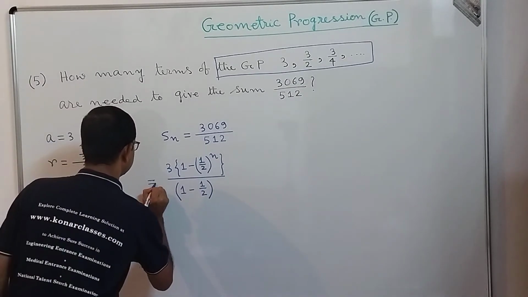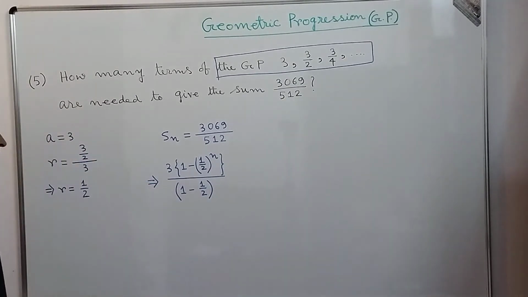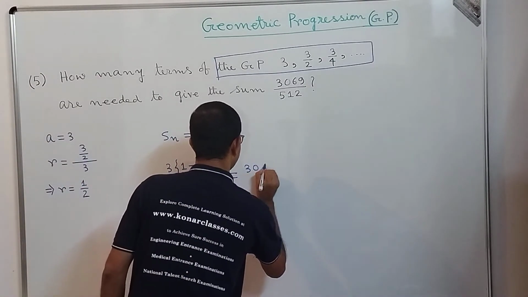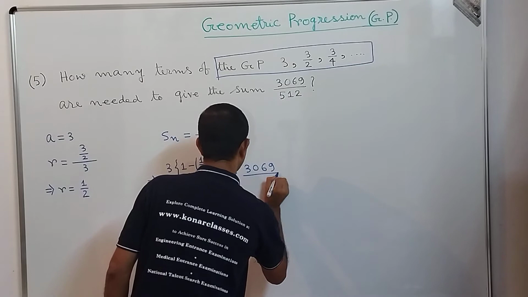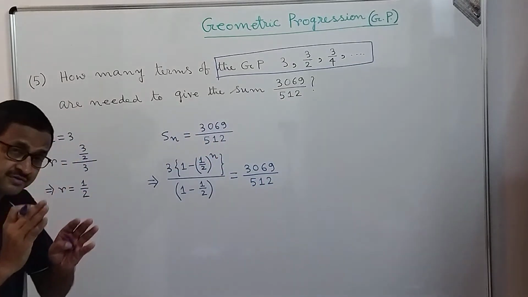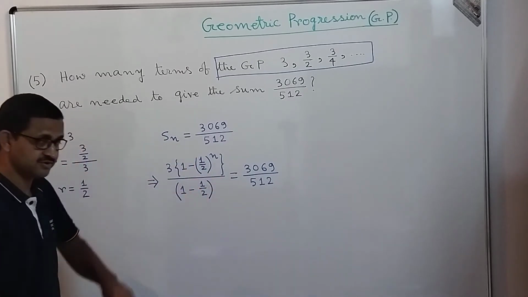That is the sum up to the first n terms, and it should be equal to 3069 divided by 512.